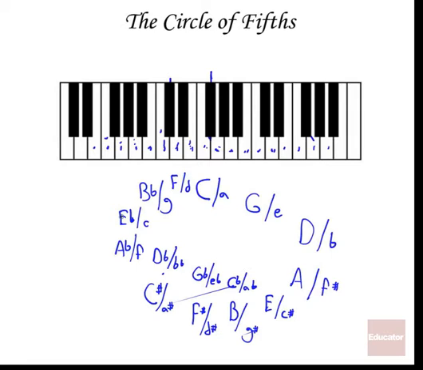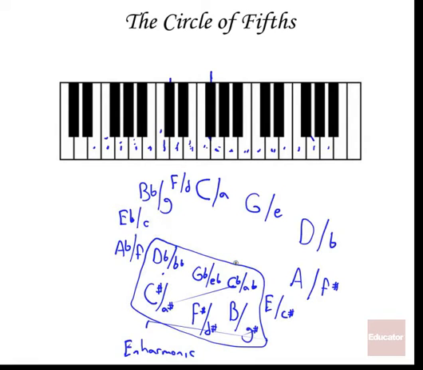So here is the circle of fifths, and remember that there's a part where the circle kind of overlaps, and this is because these keys are said to be enharmonic. So that means that they start on the same note on the keyboard, but they have different letter spellings.